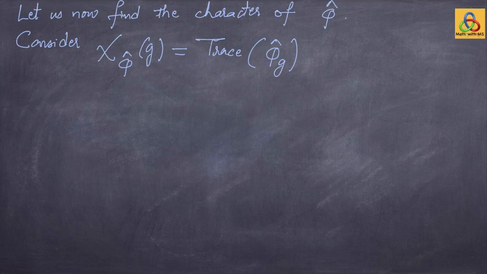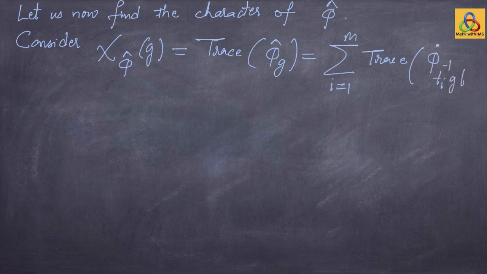So this is just the same as summation i from 1 to m of the trace of the block matrices, but that is just the same as trace of phi dot of Ti inverse G Ti. But what is that? That is just the same as summation i from 1 to m.